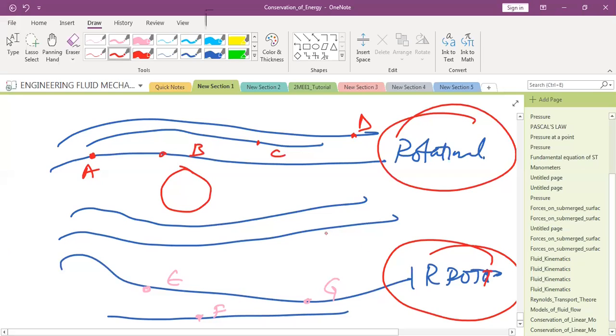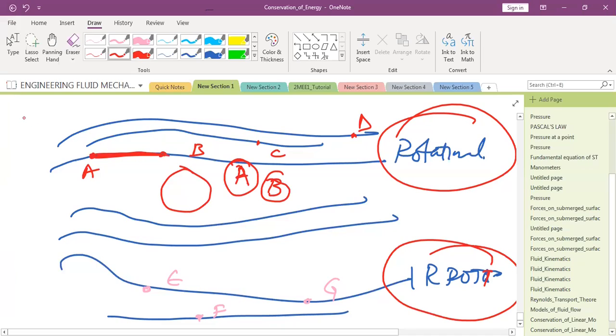सर, ऊपर वाले के लिए A और B के बीच में, और नीचे वाले के लिए किन्हीं भी 3 पॉइंट्स के बीच में. ठीक है, ये क्लियर है. तो ऊपर वाले में क्योंकि रोटेशनल है तो जो कांस्टेंट है वो सिर्फ किस पॉइंट्स के लिए वैलिड है? A के लिए और B के लिए, क्योंकि ये सेम स्ट्रीमलाइन पे लाई कर रहे हैं.